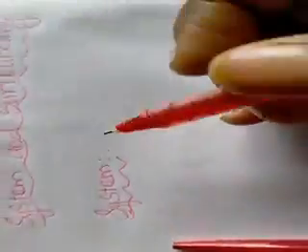So, coming to the first one: what is a system and surroundings? Generally, when you consider thermodynamics, you separate the universe into two parts, system and surroundings.